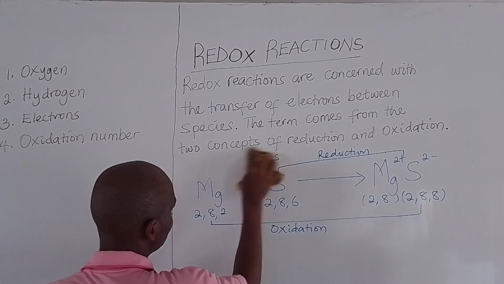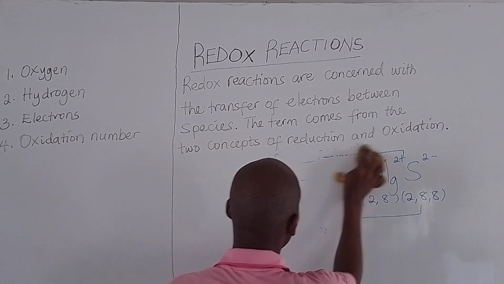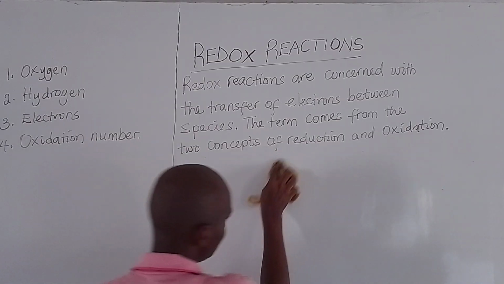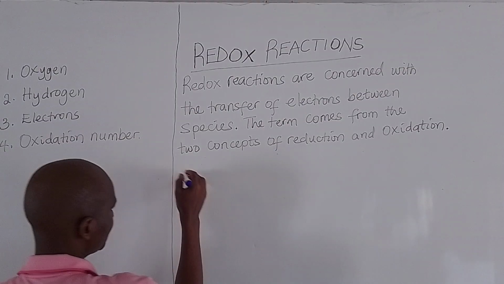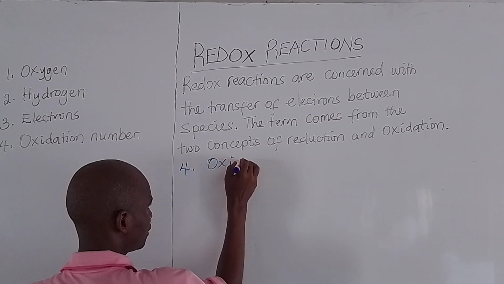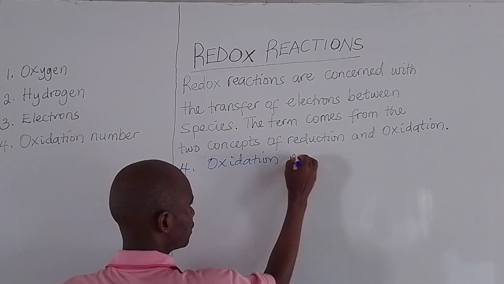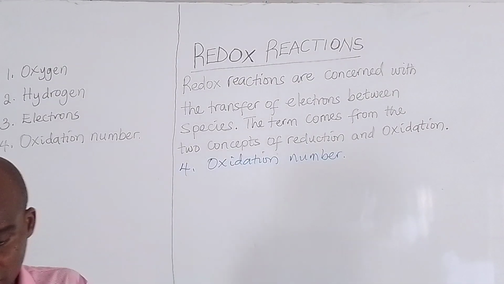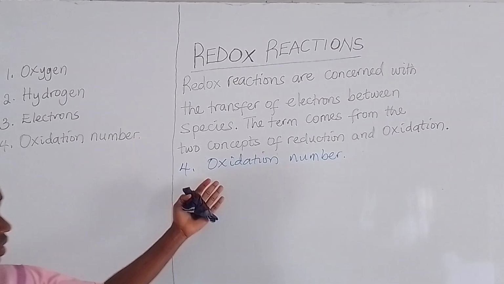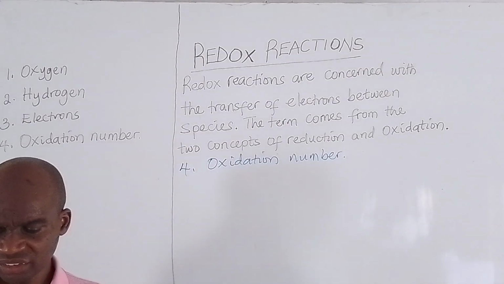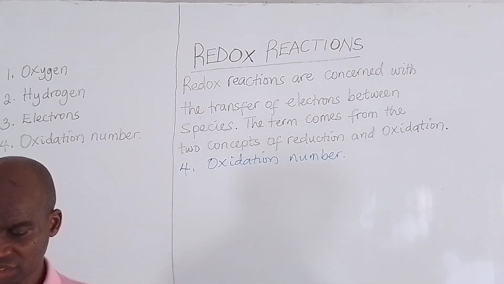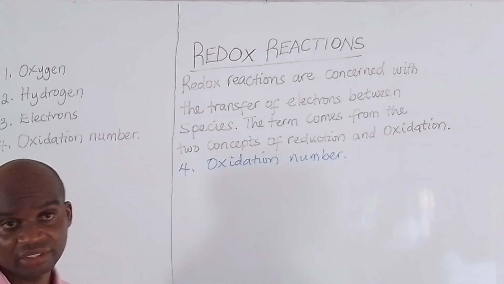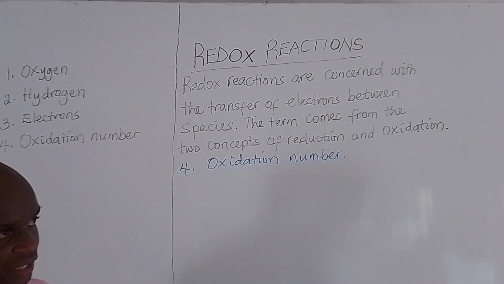Lastly, we look at the 2 concepts in terms of oxidation number. In terms of oxidation number, oxidation means increase in oxidation number, while reduction means decrease in oxidation number.